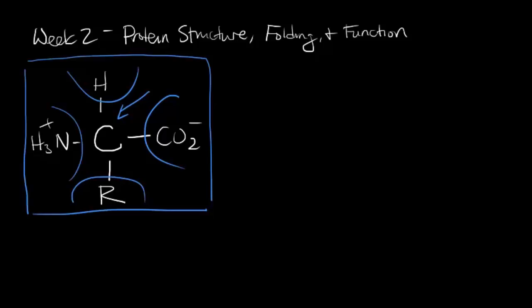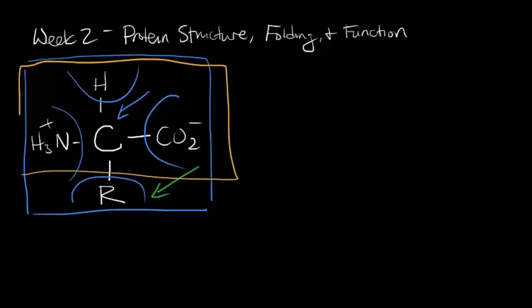What makes one amino acid different from another type of amino acid is the R group. Everything else, basically everything that's not an R group, is known as the backbone. The R group is what gives one amino acid different characteristics from another.